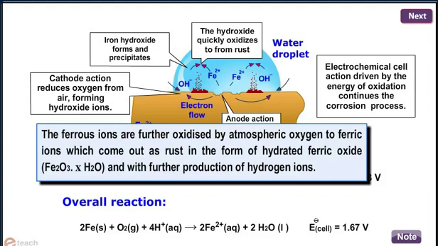Note that the ferrous ions are further oxidized by atmospheric oxygen to ferric ions, which must come out as rust in the form of hydrated ferric oxide, that is Fe2O3.xH2O, and with further production of hydrogen ions.